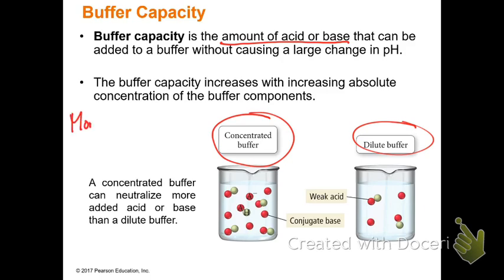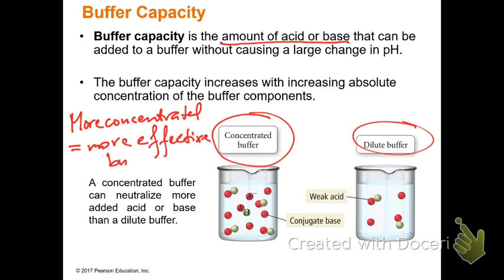More concentrated equals more effective. Okay, this is going to be a more effective buffer. The reason why is because a concentrated buffer is able to neutralize more acid or base than a dilute buffer.